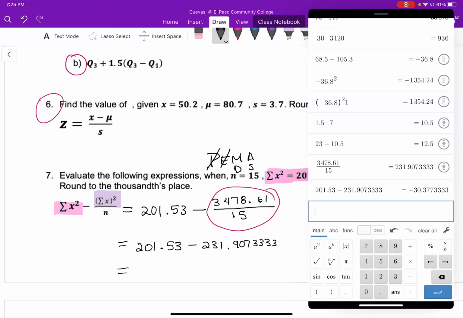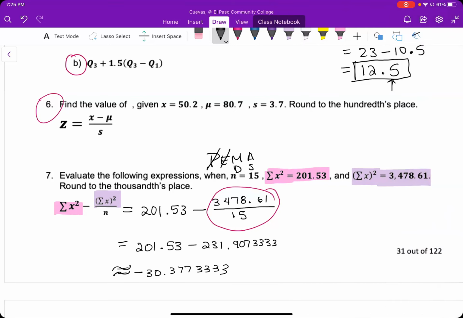We have a value of, and I'm going to change this to a squiggly because we're approximating already, and we're going to start cutting off a bunch of numbers. And so this problem asked us to round to the thousandths place. So this is tens, hundreds, thousands.